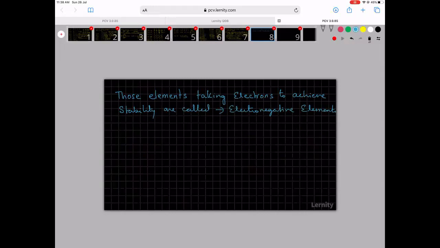Those which give electrons are called electropositive elements. Metals are electropositive. Non-metals are electronegative.